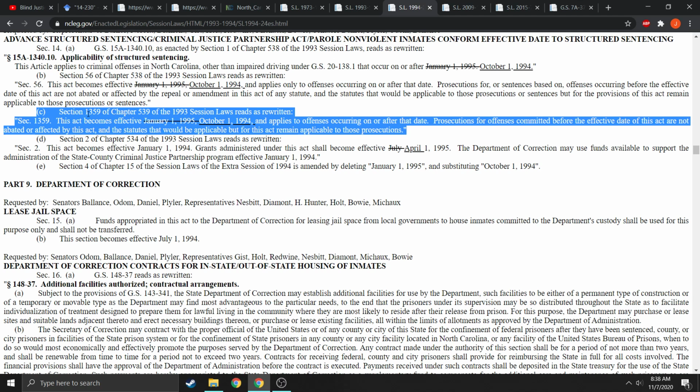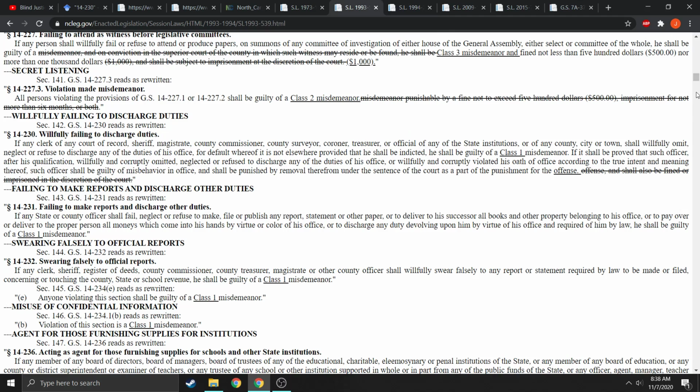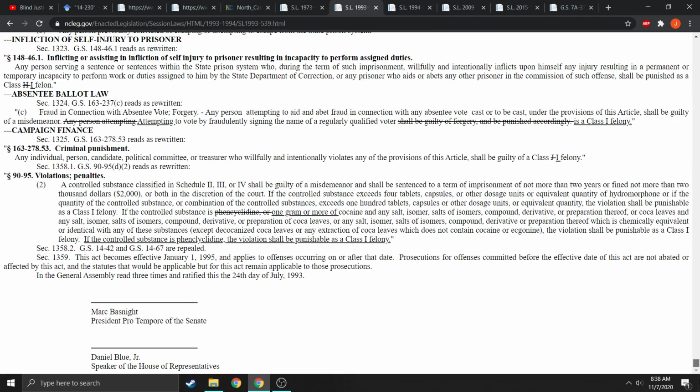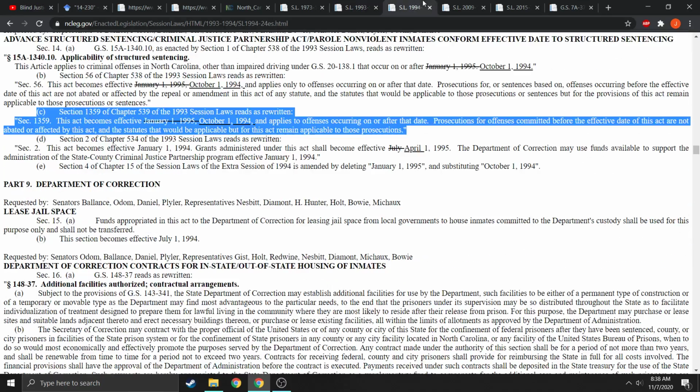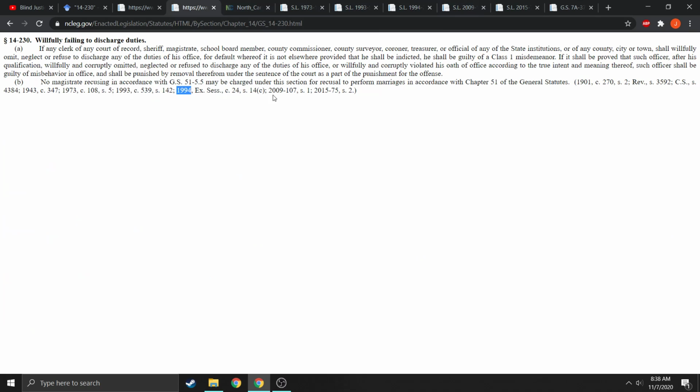It changes section 1359 of chapter 539 of the 1993 session laws to strike out January 1st, 1995 and make it effective October 1st, 1994. And that's what I was looking at down here. This is 1359. They struck out January 1st, 1995 and made it come into effect in 1994. The next section that they changed, so again, it doesn't apply to judges. Still does not apply to judges.